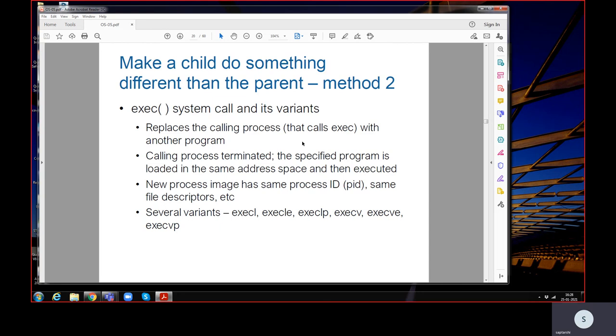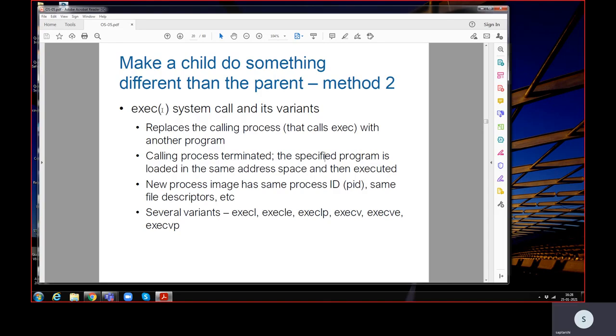So if a particular process calls exec, it is as good as, practically, that this process will no longer run. Let me give a concrete example, that it would be simpler.